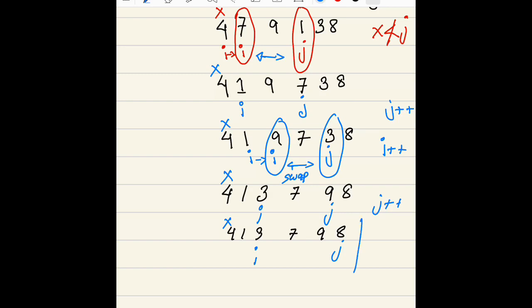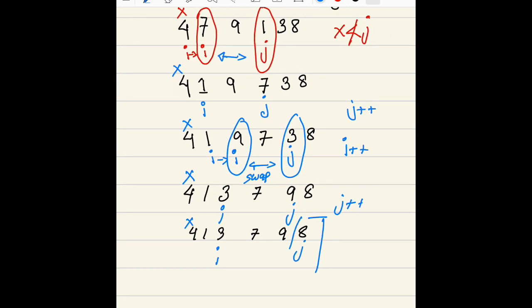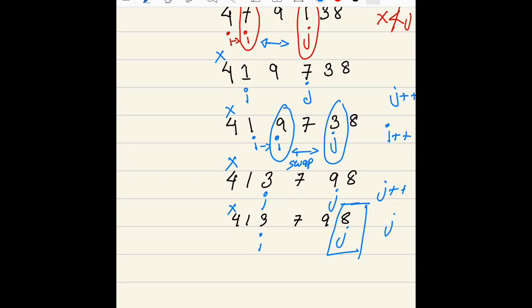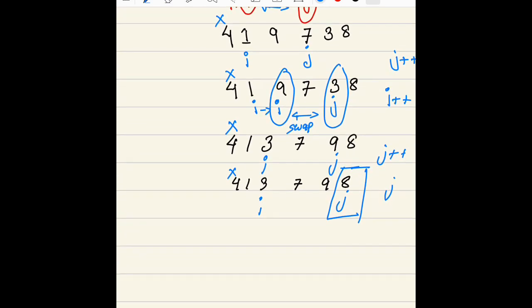However, in this case j has reached the limit of the array, right? So j is at the end, so we can't increase j. So what do we do here? We exchange x and i, we swap their places. So we would have 3, 1, and 4, 7, 9, and 8. So x is still there, and i is this one, and j is at the last position, right?